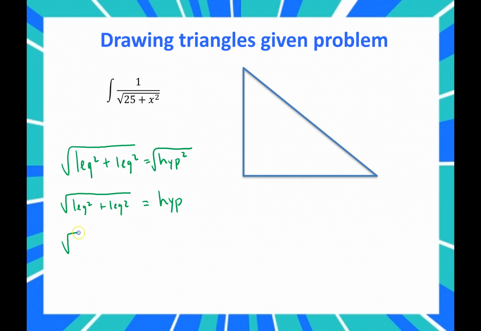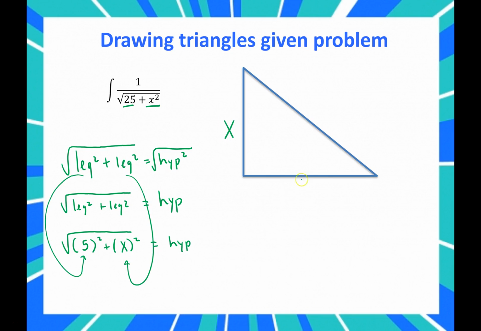Meaning, can I rewrite this so that the leg is something squared and the other leg is something squared? If I want something to be 25, that's going to be 5 squared. And if I want it to be x squared, that will be an x. So that basically means that my leg is a 5 and my other leg is an x. You could have rearranged that as the 5 on the top and the x on the bottom.